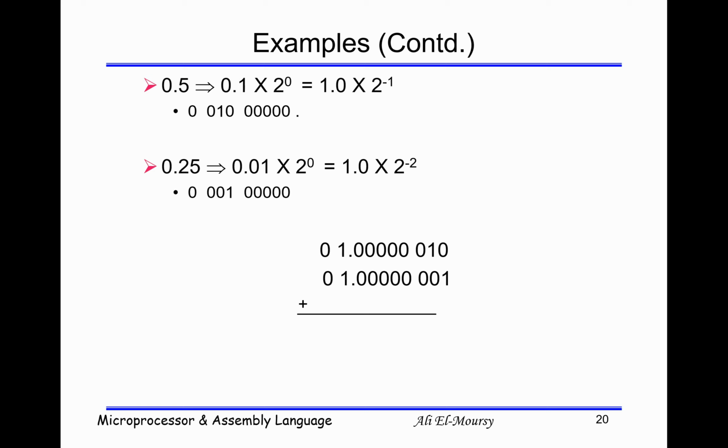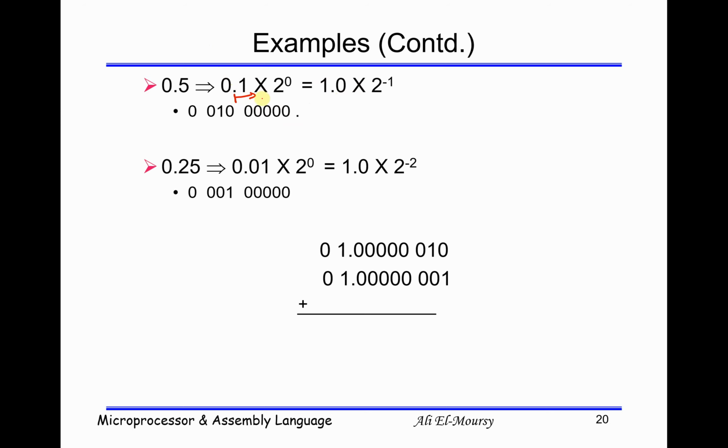So if I wanted to normalize it, that means I have to shift the binary point by one place in order to make the number 1.0.